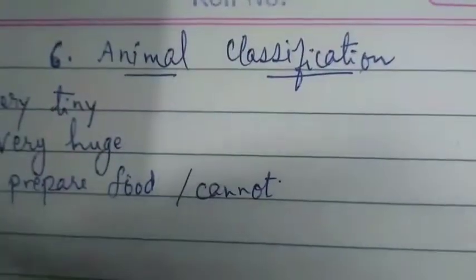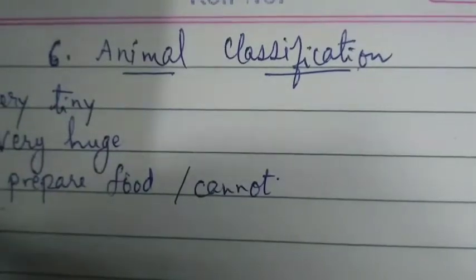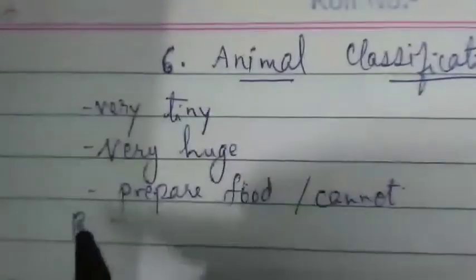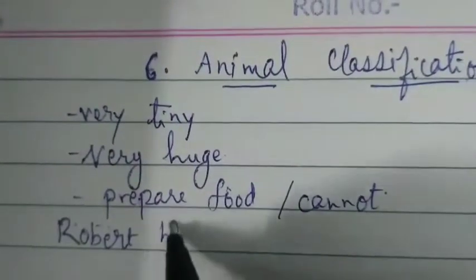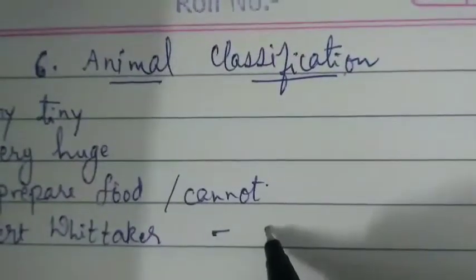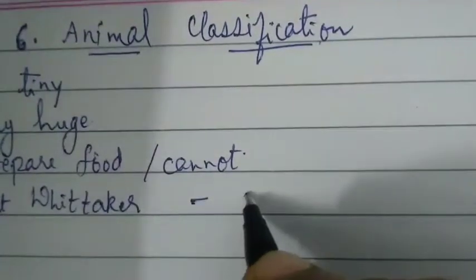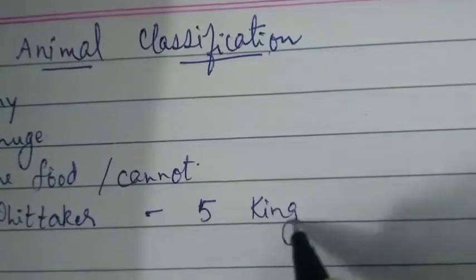So the scientist who was the pioneer in classification of organisms, if you remember, is Robert Whittaker. He classified the organisms, and his classification is called the Five Kingdom classification.